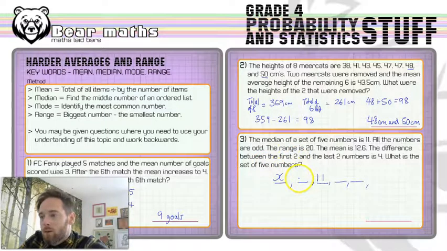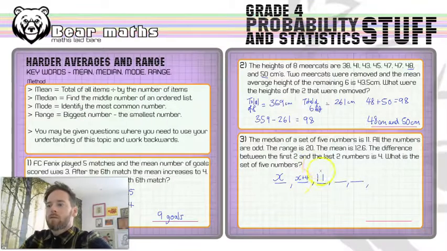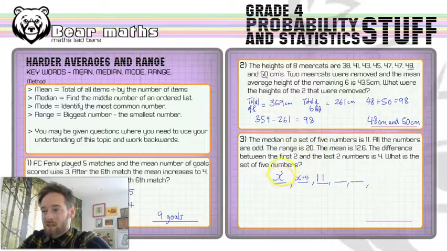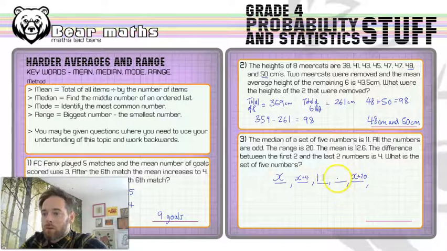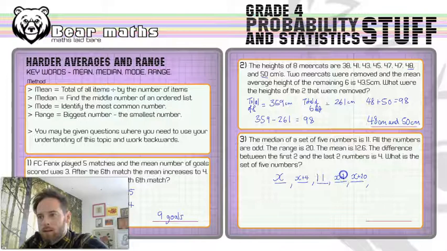If we've called this one x, then we can call this one x plus 4, because the question tells us the difference between these two numbers is 4. It tells us the range is 20, which means the difference between this one and this one is 20. So x plus 20. And then the difference between this one and this one is also 4. So if we take away 4 from the 20, it must be x plus 16.